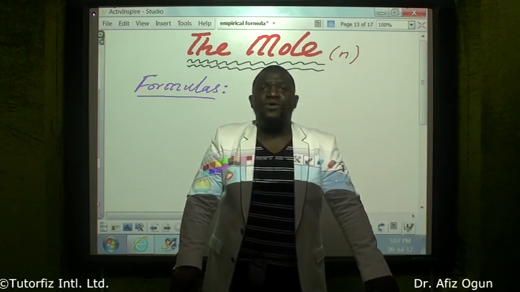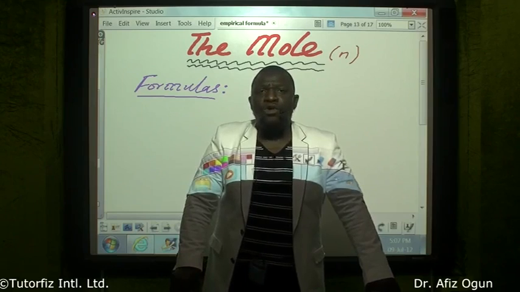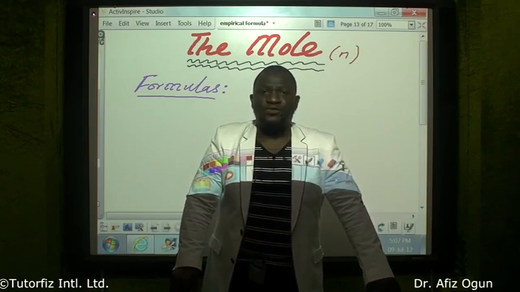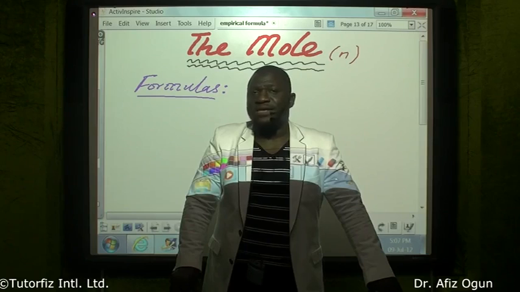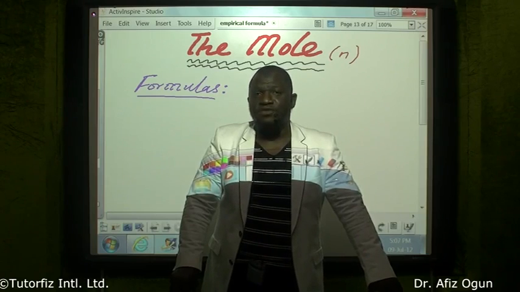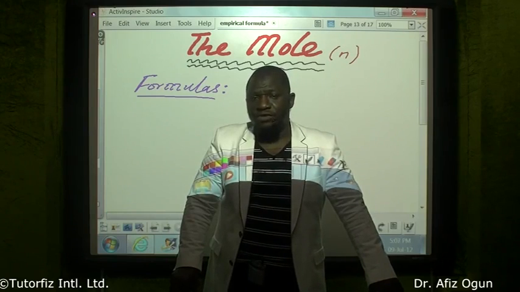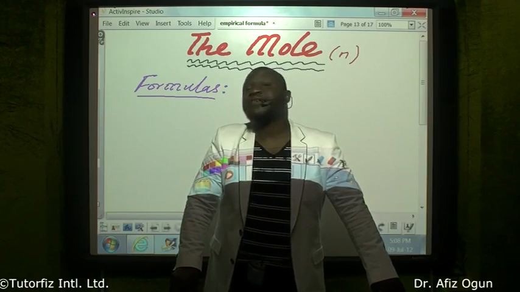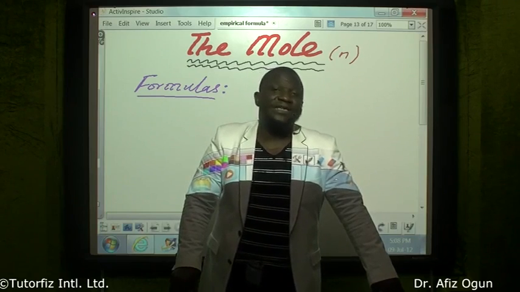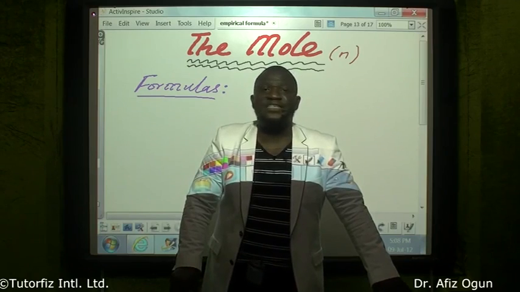Two, I gave you number of moles and number of particles. I said number of moles equals the number of particles you have in that substance divided by the standard, which is 6.02 times 10 raised to power 23, Avogadro's number. And the last one I gave you is that of gases. The first two are for everything, but the last one is for gases alone.